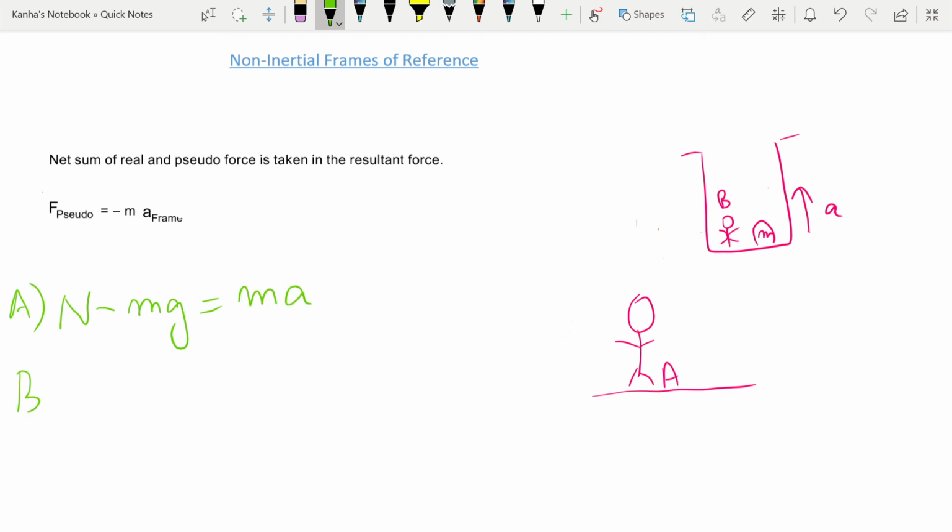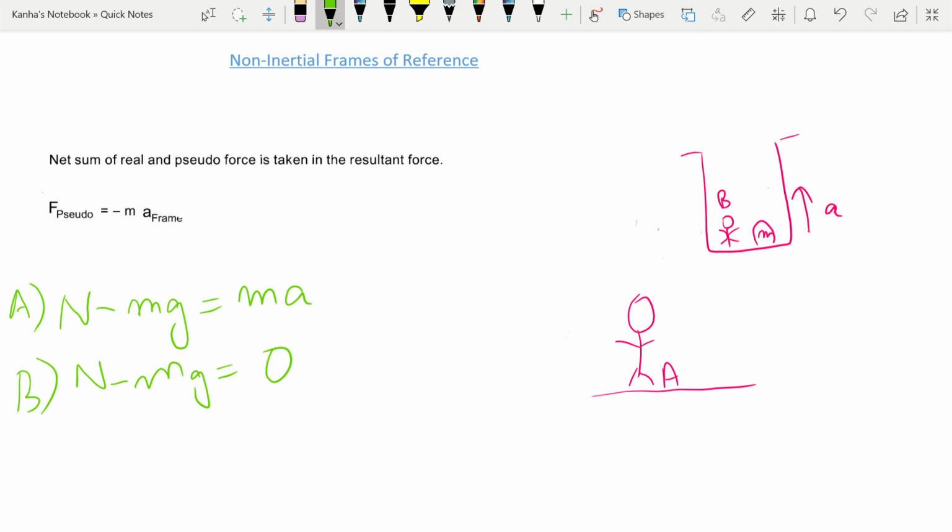But when you write the equation of motion of this mass, you know that there is a weight and a normal reaction, but you don't see any acceleration of the mass because the mass is kept right in front of you. Your relative acceleration is 0, so in your frame the acceleration seems to be 0. And this violates Newton's first law of motion, which says that all physical laws should apply similarly in all reference frames.